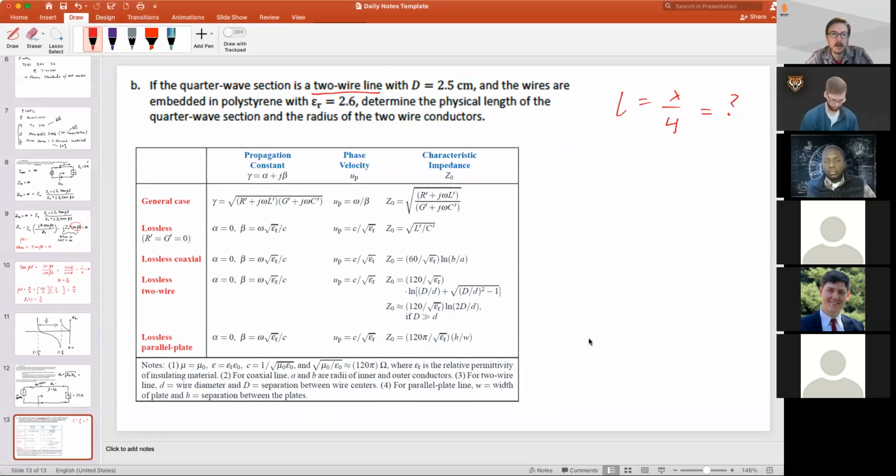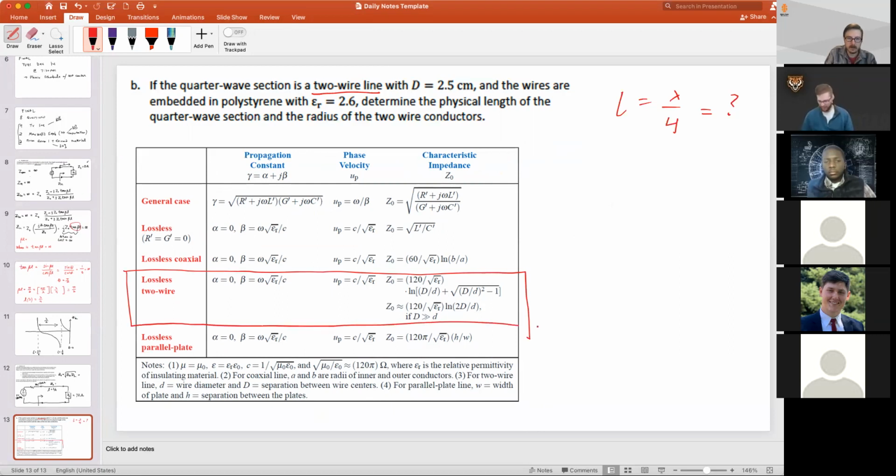So we already saw that this is a lossless 2-wire, and we have this information about the 2 wires.